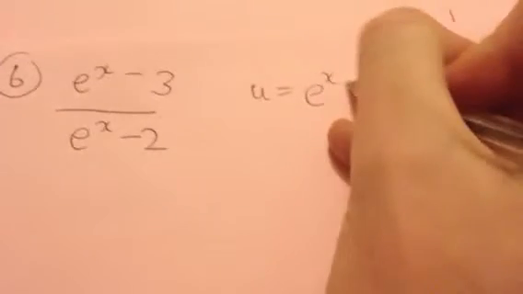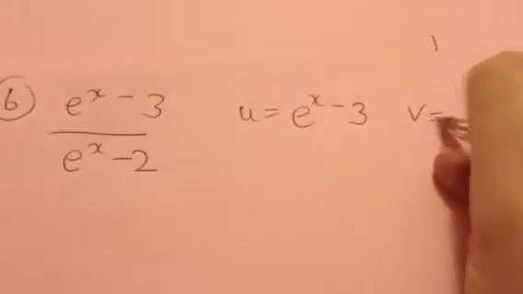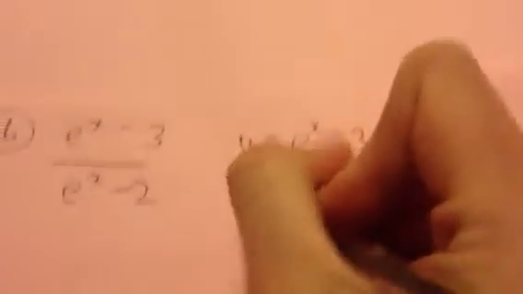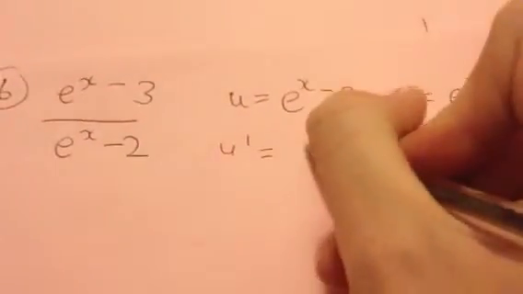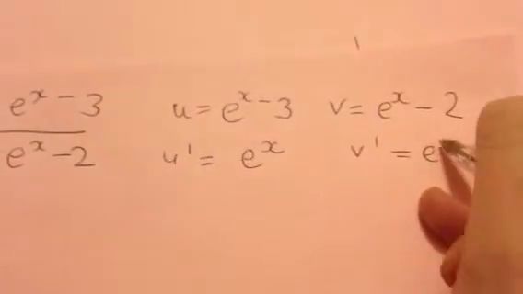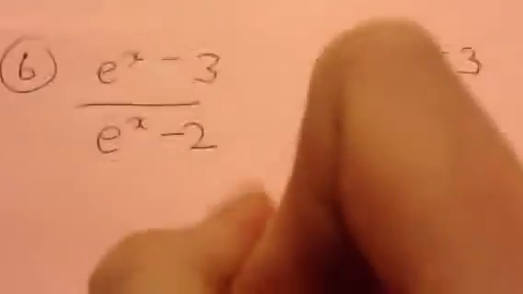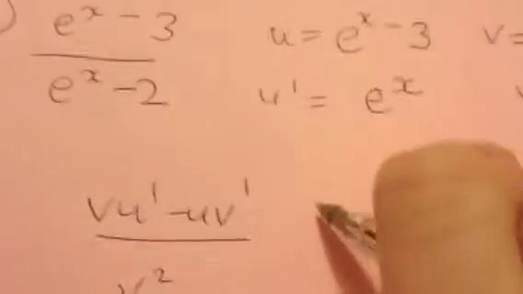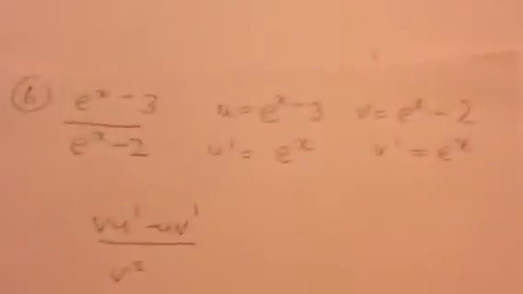Now u is e to the x minus 3, and v equals e to the x minus 2. So u dash is simply e to the x, and v dash is simply e to the x. So when I do quotient, I get vu dash minus uv dash over v squared.